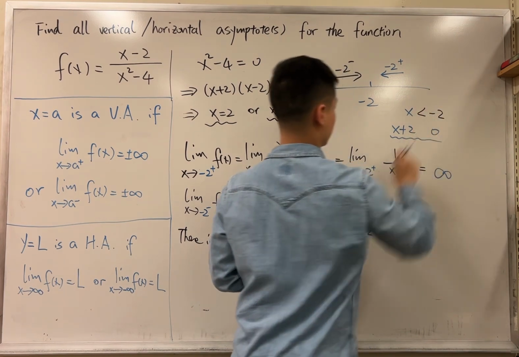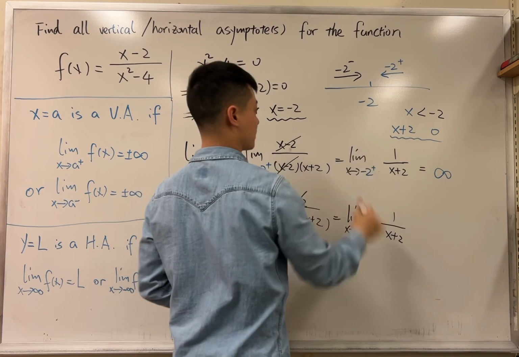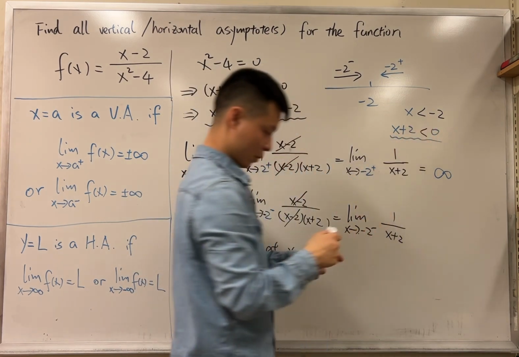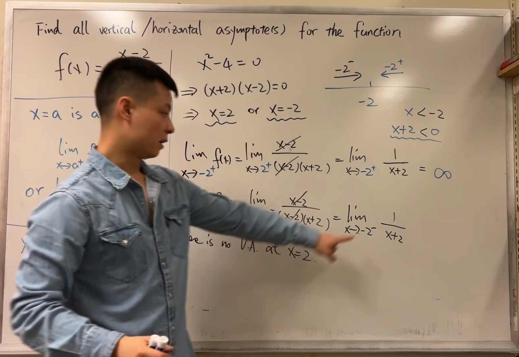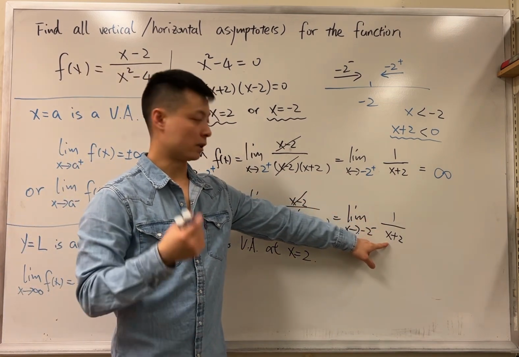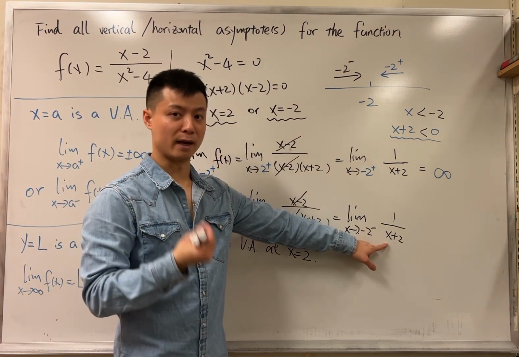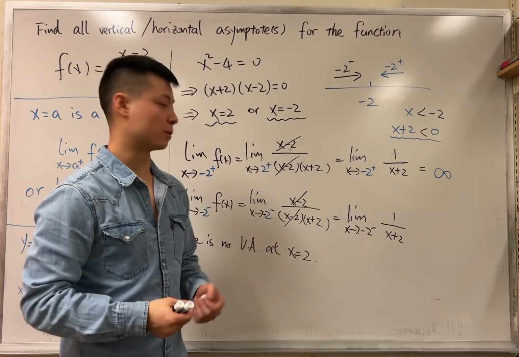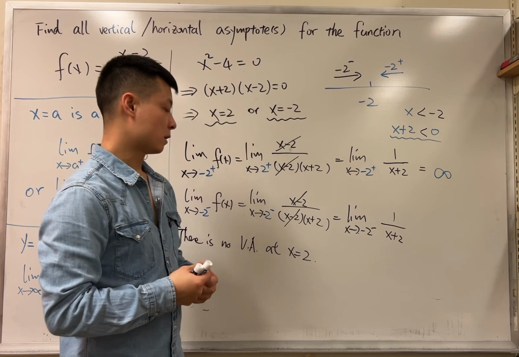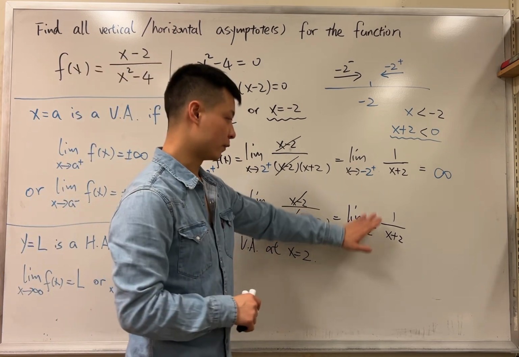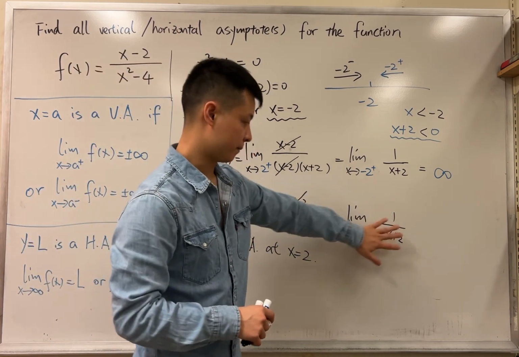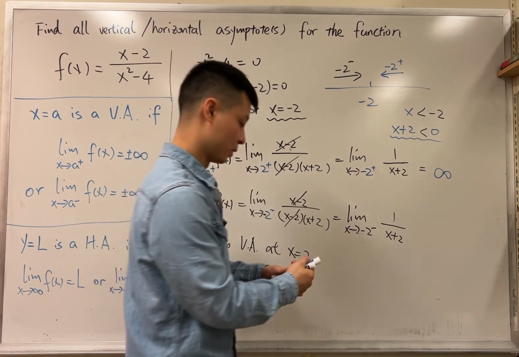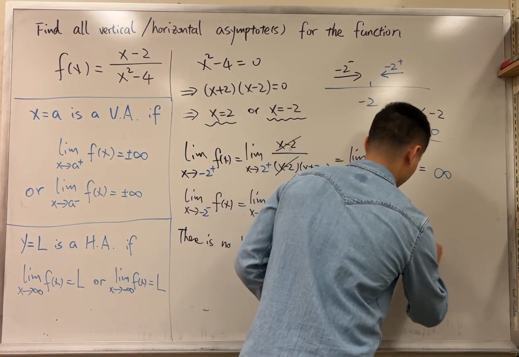And then if we add 2 on both sides, we're going to have x plus 2 less than 0. Which tells us this time the denominator is a very, very small negative number, like negative 0.1, negative 0.01. So a very small negative number will give you a very large negative number as we take the reciprocal. So that approaches negative infinity.